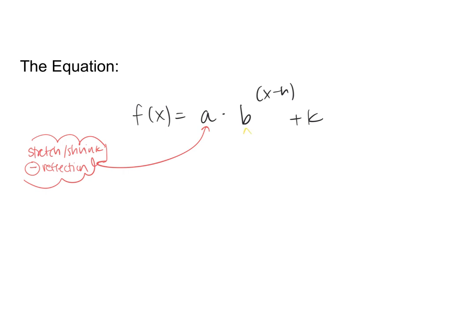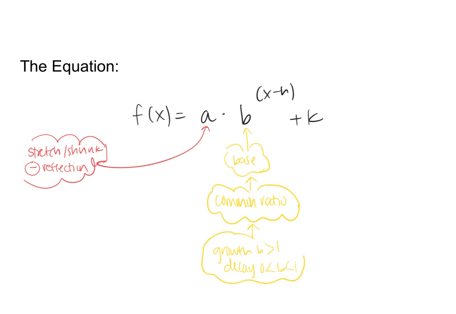B is the base. That's that common ratio that we change by. There's a growth function if the base is greater than 1, and a decaying function if the base is between 0 and 1.